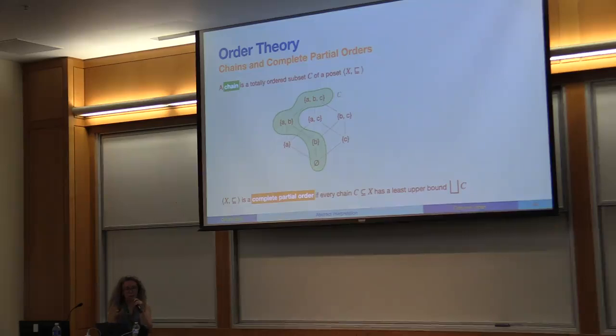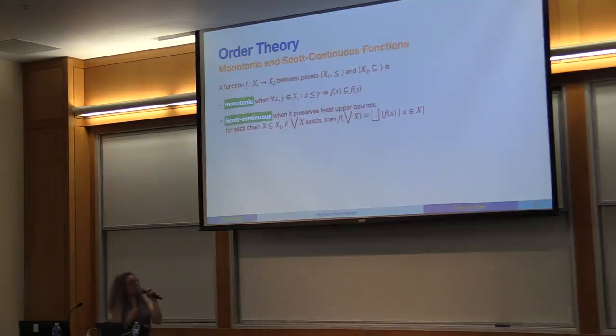Then I have to define the properties of functions that I need, and then I'll define the theorem that we have to use to transfer one fixed point definition into another. Functions are monotonic if they preserve the order between elements. So we have two posets with different orders. If two elements are ordered with respect to the order of the first poset, when we apply the function, they should maintain the same order.